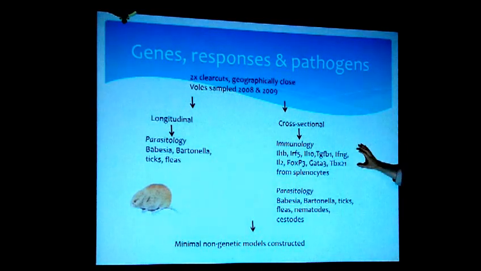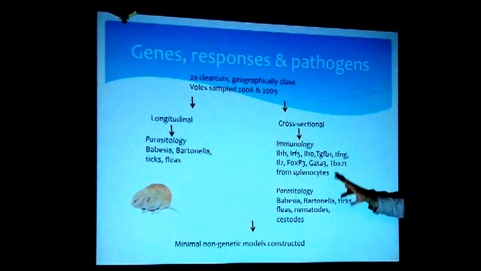These assays are all done by real-time PCR in this case. The first thing we tried was to use ELISAs on the field voles from wild mice, but those ELISAs just didn't work, and I think that's a problem a lot of people have had in getting those cross-species reactions to work. So all of this is based on real-time PCR assays.